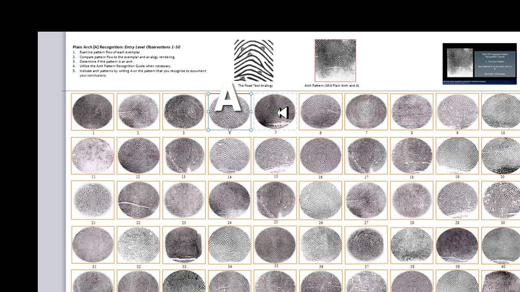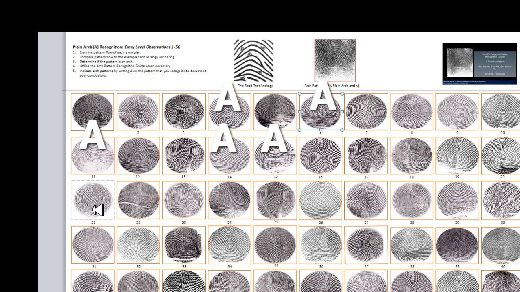Number 5 is not a plain arch. 6 is a plain arch. 7, 8, 9, and 10 are not plain arches. 11 is an arch. 12, 13 are not plain arches. 14 and 15 side by side, they are both plain arches. 16, 17, 18, 19, and 20 are not plain arches.